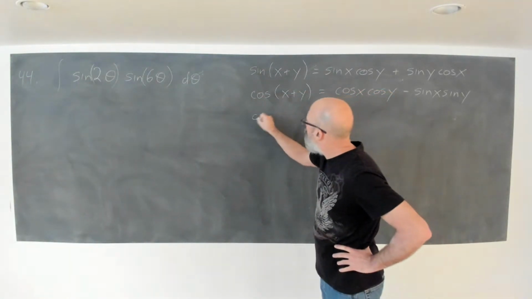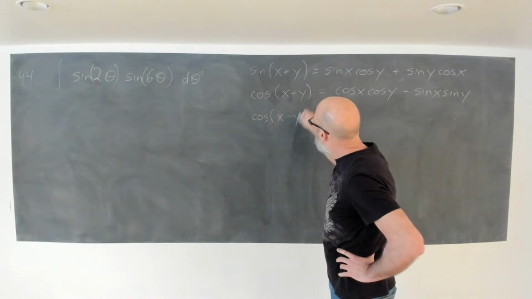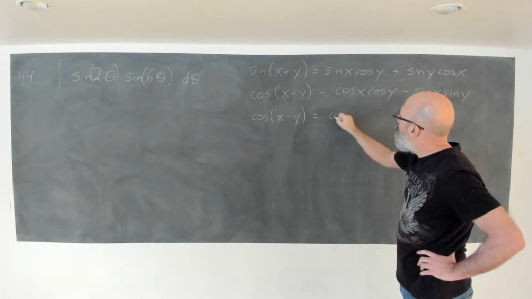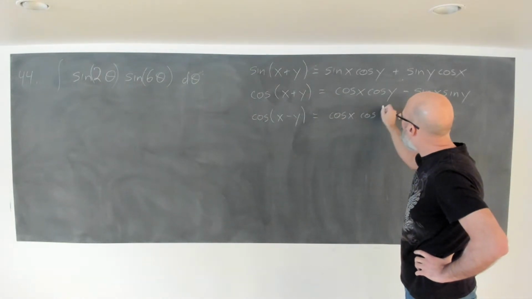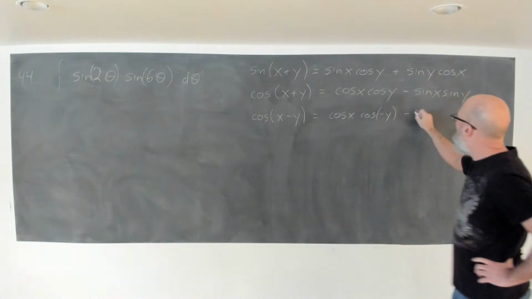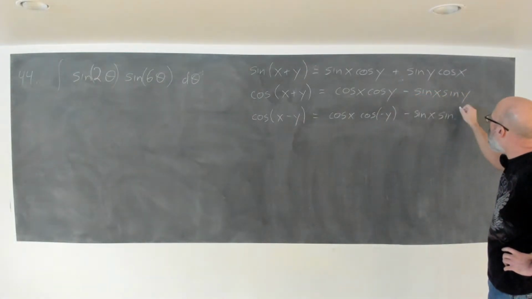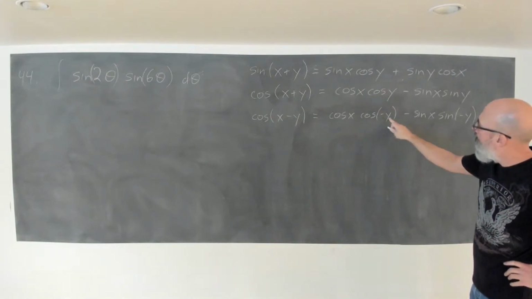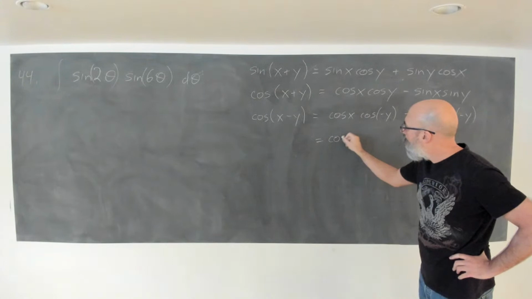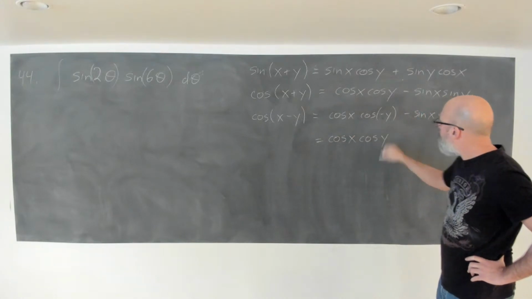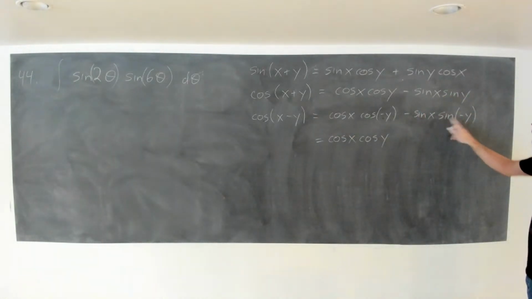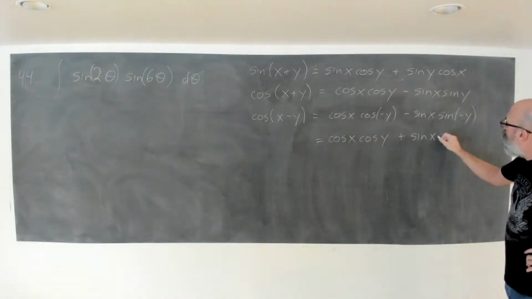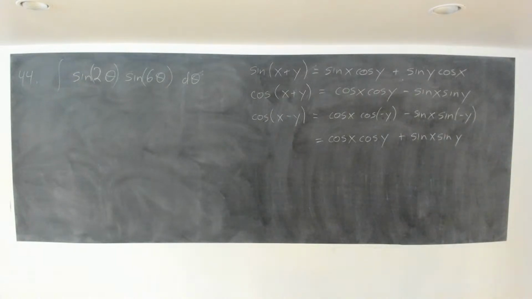So cos of x minus y, by using the same identity, is cos x cos of minus y, minus sine x sine of minus y. But cosine is even, so cosine of minus y is the same as cos y, and sine is odd, so sine of negative y is negative sine y.